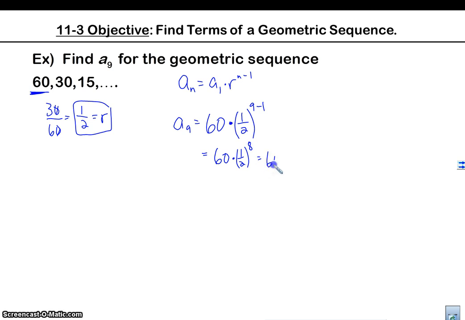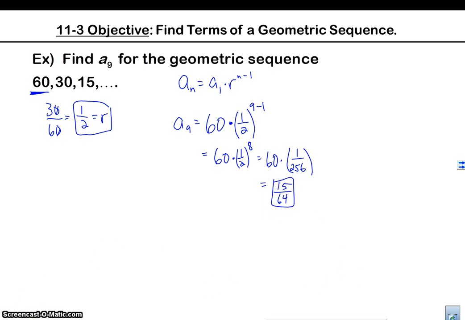Whoo! 1/2 to the 8th power is going to be 1 over 256. That's 2 to the 8th, and 1 to the 8th is just 1. When I simplify that out, I'm going to get 15 over 64. And you might need a calculator to do that.